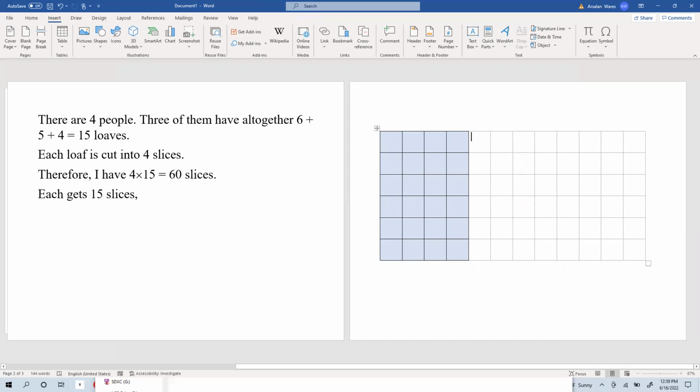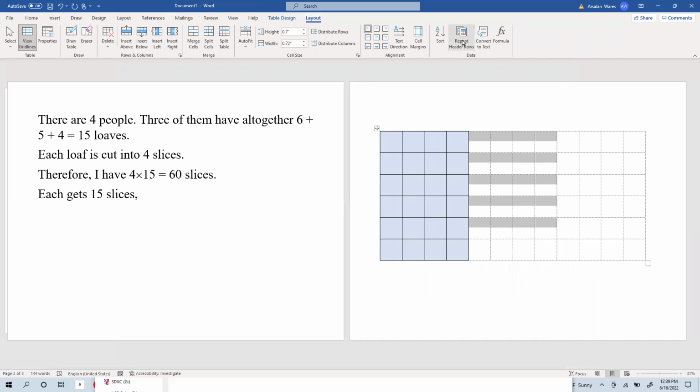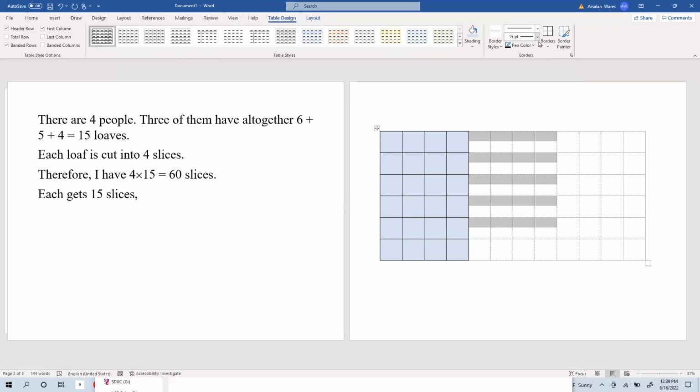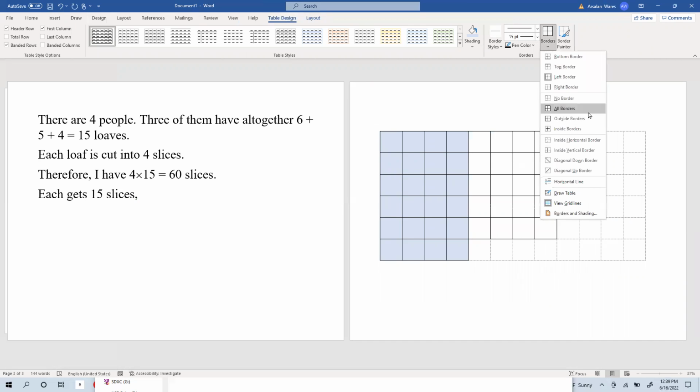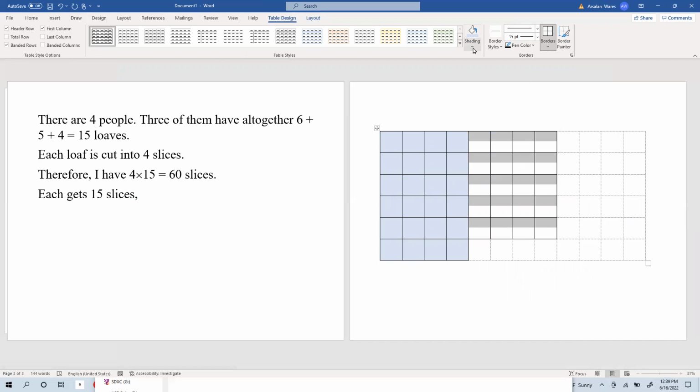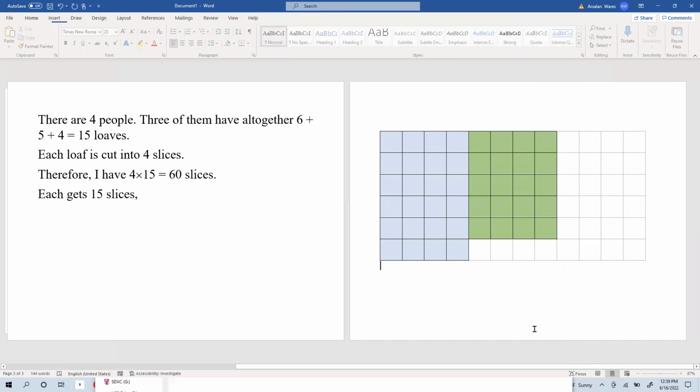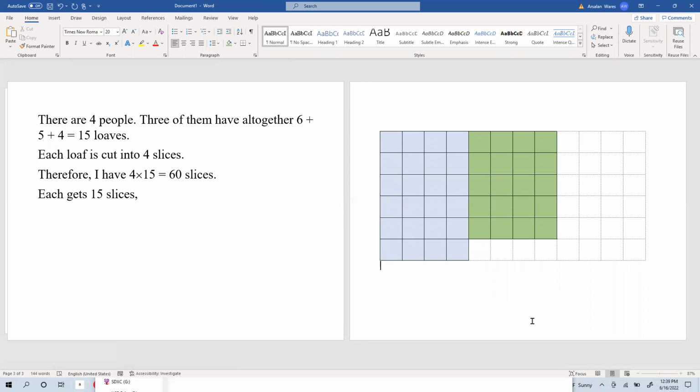I'm going to take her 5 loaves and cut it into 4 slices as well. I know this problem is a little messy, so I need a little extra room. So I'm going to summarize my picture, okay? Don't worry too much. So the green represents the 5 loaves, the 5 rows, each loaf cut into 4 slices.